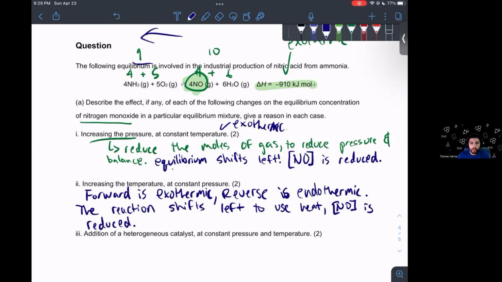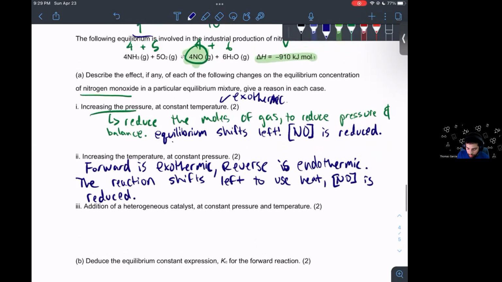All right. Last thing. Addition of a heterogeneous catalyst at constant pressure and temperature. So we already know that catalysts do nothing, no effect. Sorry, before I get ahead of myself, I should say NO concentration does not change.